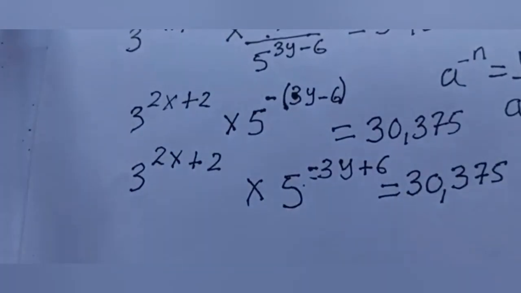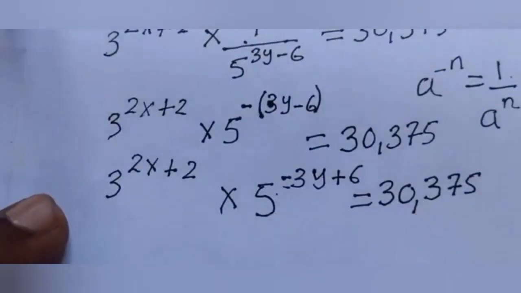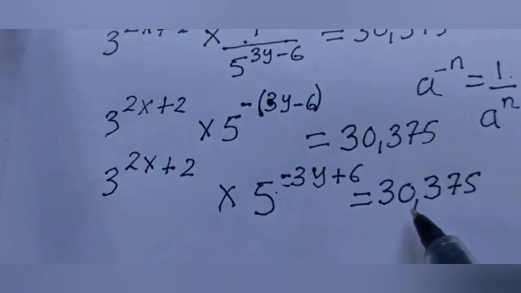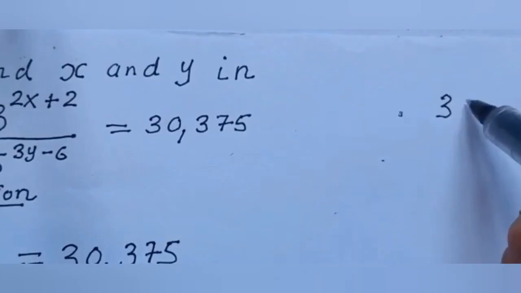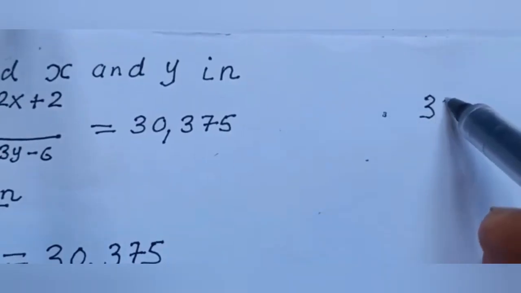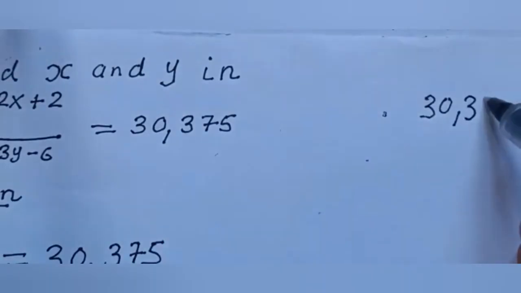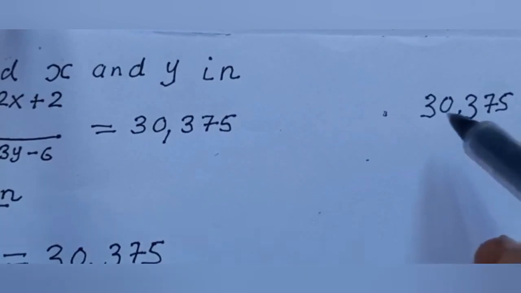Again here, what we can do is to express 30,375 as the product of 3 and 5 in this way.